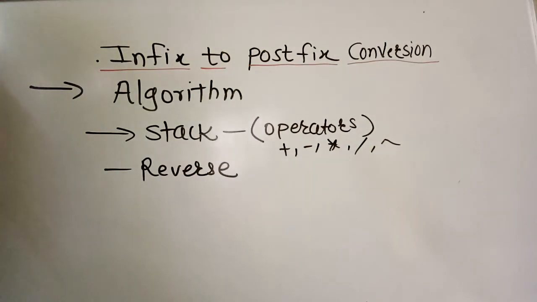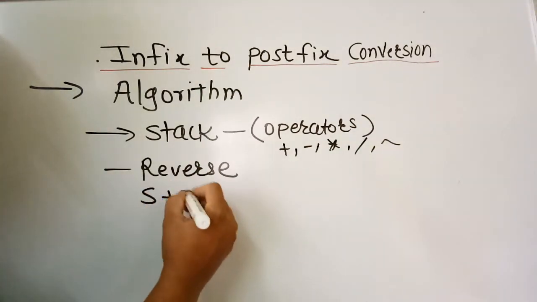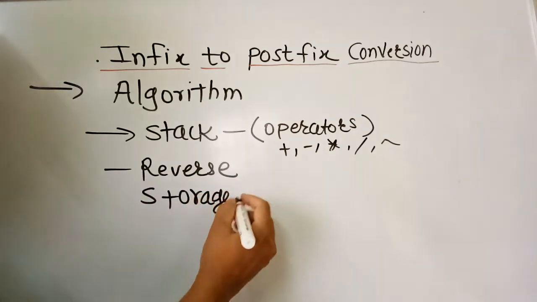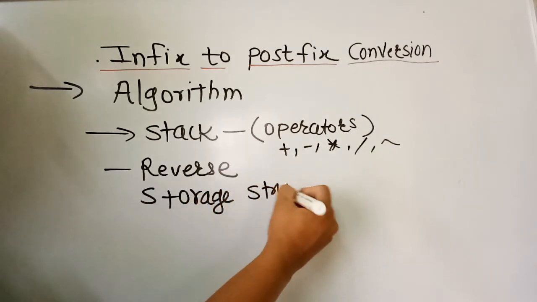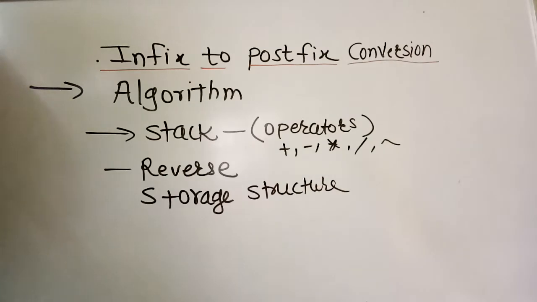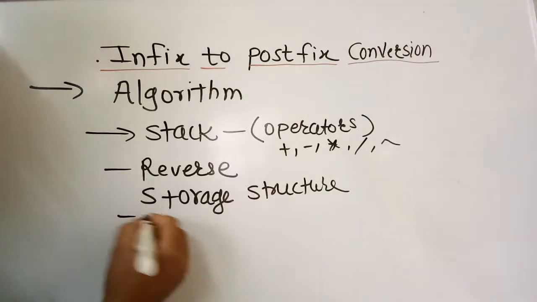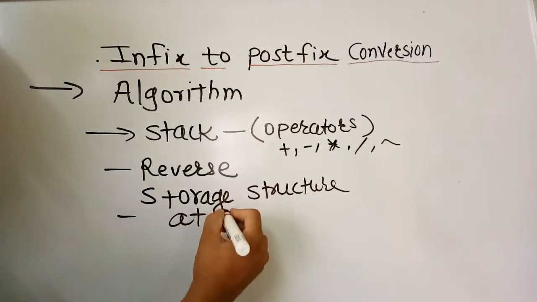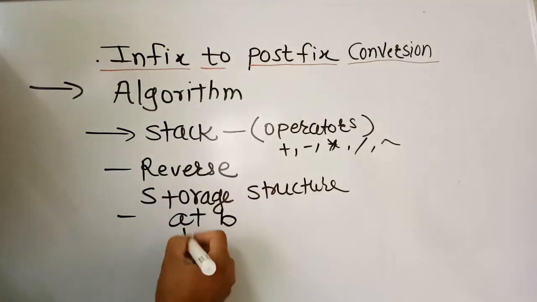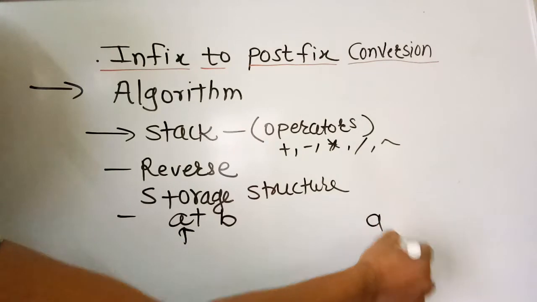It also serves as a storage structure. Why is the stack used? It is used for storage purposes, so it is known as a storage structure. No operator can be printed until both of its operands have appeared. For example, A plus B. If you have the input A, it goes to the output device.